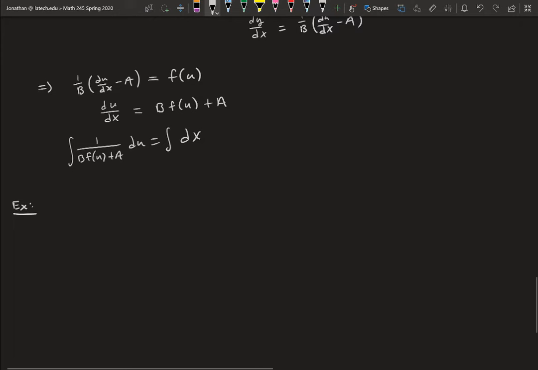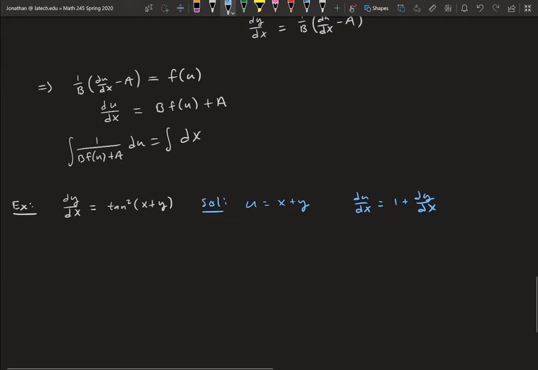Let's say we have dy/dx equals tan squared of (x plus y). So here's our differential equation. Let's look at our substitution. The solution is to let u equal x plus y. Then du/dx would be 1 plus dy/dx, basically differentiating both sides with respect to x.